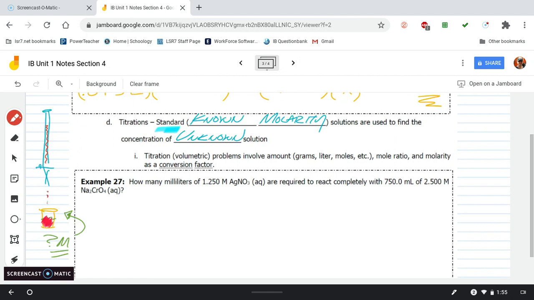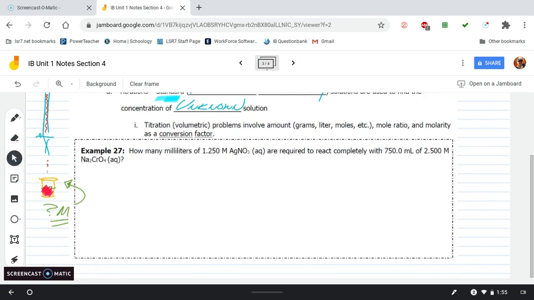What you need to know is that if you see a problem like 27, we're going to use molarity to help us solve it, because molarity is an excellent conversion factor. Now, this is a very long problem, has a lot of conversions, so give yourself a decent amount of space when you're writing this out. So first thing, looking at your problem, it says how many milliliters. So we're looking for volume.